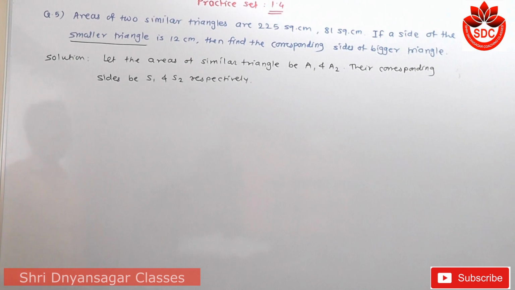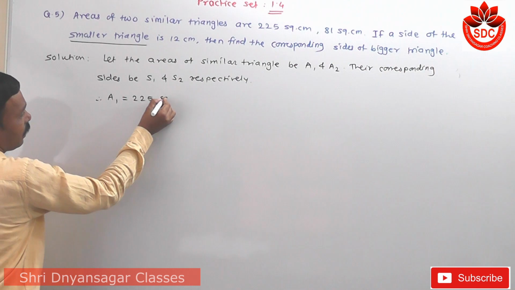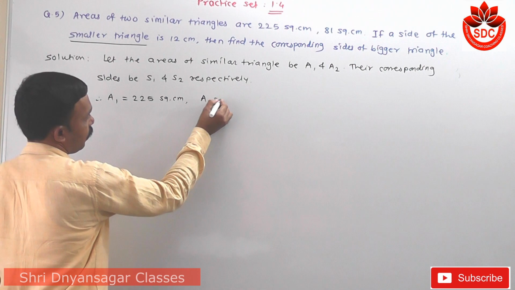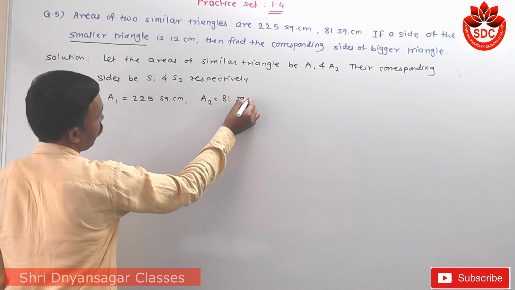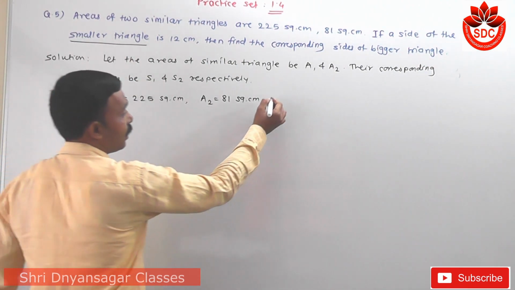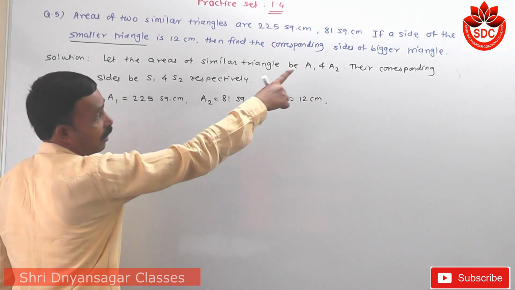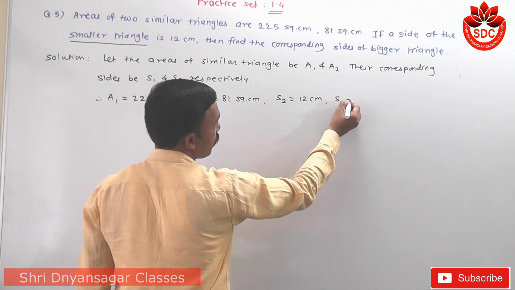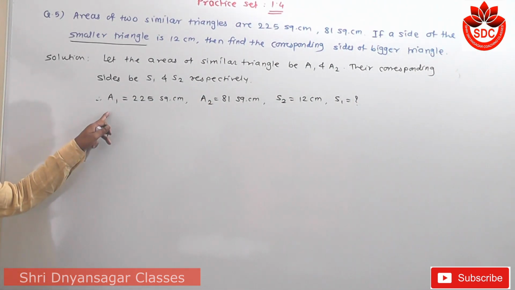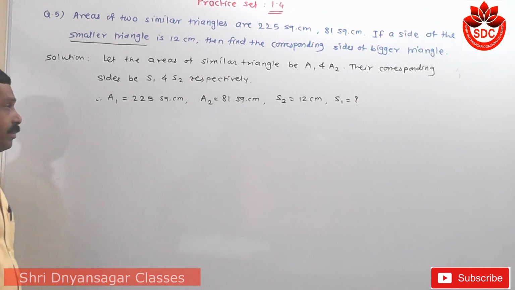So by using the given, A1 is equal to 225 square centimeter, this is the bigger triangle. The smaller triangle has area A2 equal to 81 square centimeter. Also, a side of the smaller triangle is given, that is S2 is 12 centimeter. And we have to find the corresponding side of the bigger triangle, that is S1 is equal to question mark. Keep in mind, A1 is the area of the bigger triangle and A2 is the area of the smaller triangle.